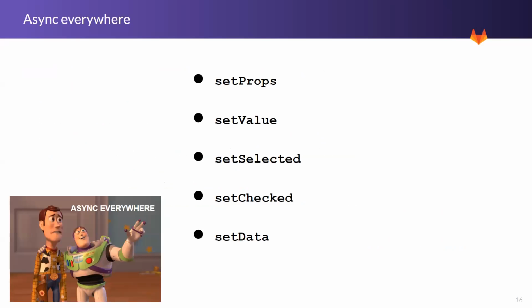So also these five, which are the most often used, now return a promise. This promise is nothing more than nextTick. So you can just await setProps, await setValue, await setSelected, setChecked, setData, and even await triggers. This will also work.